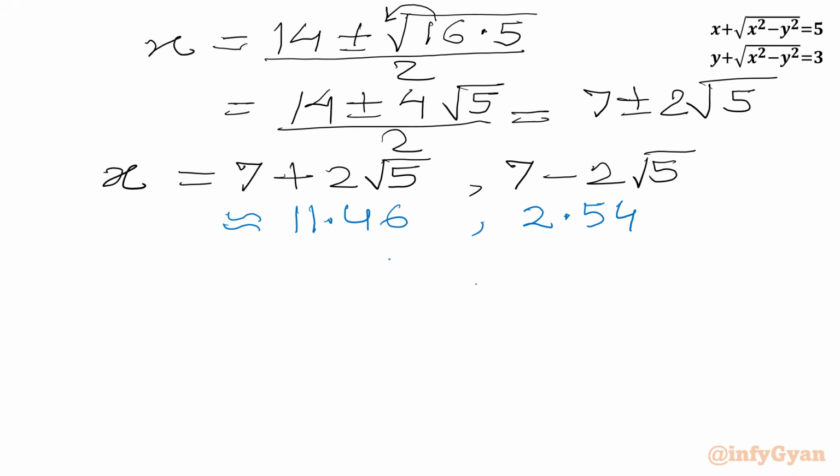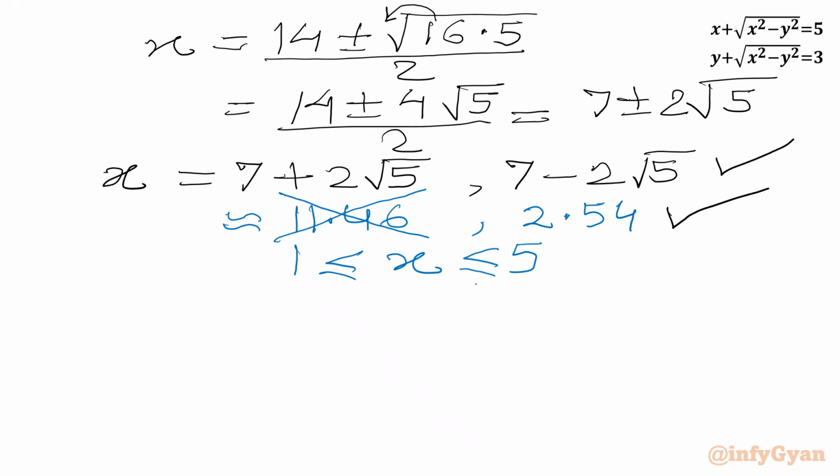Now our condition on x is x should be in the interval 1 to 5. So we are going to reject 7 plus 2 square root 5 as it is greater than 5. So we can accept 2.54, which is 7 minus 2 square root 5. So x will be equal to 7 minus 2 square root 5.